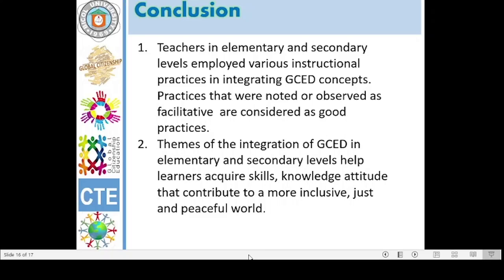And number two, themes of the integration of GCED in elementary and secondary levels help learners acquire skills, knowledge, attitude that contribute to a more inclusive, just, and peaceful world. So these are the significant findings of our study.